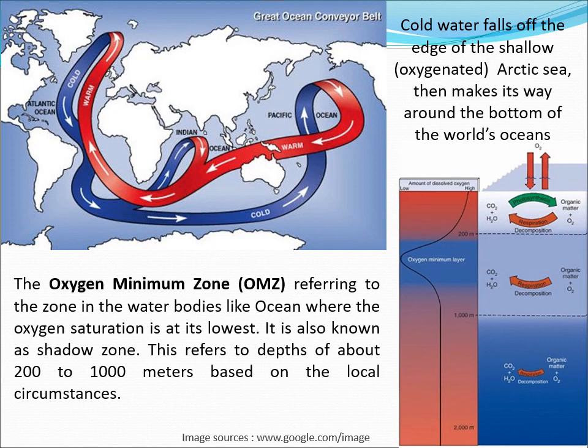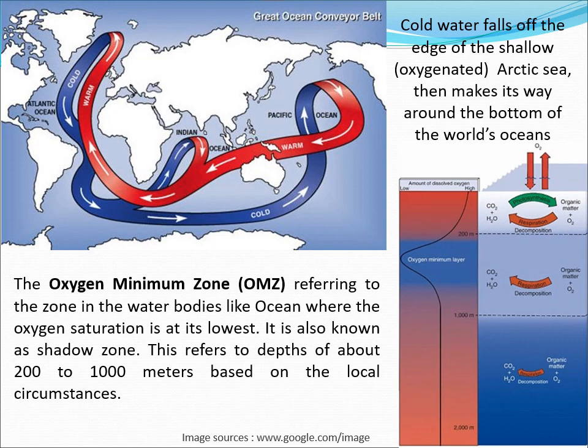So there is a broad oceanic circulation belt found on the earth. Here the red bands are the hot surface ocean current, and the blue band is the cold oxygen-rich bottom ocean current.